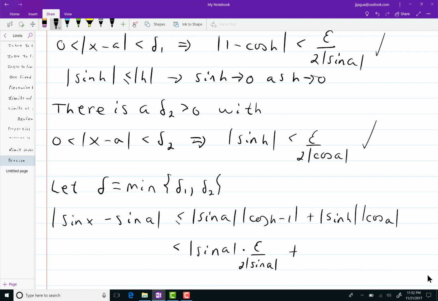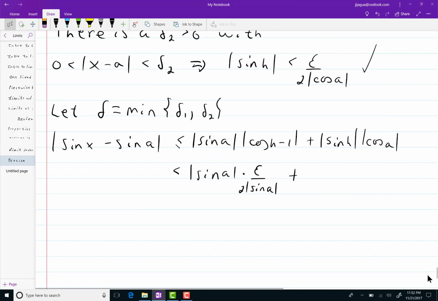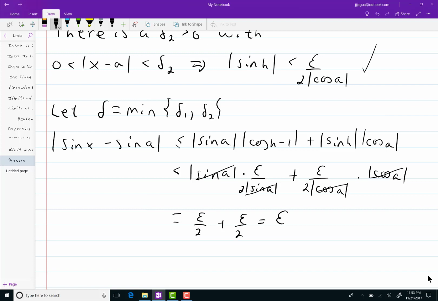And then the other one, the absolute value of sine of h was less than epsilon over 2 times the absolute value of cosine of a, times the absolute value of cosine of a. Hopefully you see it coming. The sine of a's cancel, cosine of a's cancel, and we're left with epsilon over 2 plus epsilon over 2, which equals epsilon. And that completes the proof.